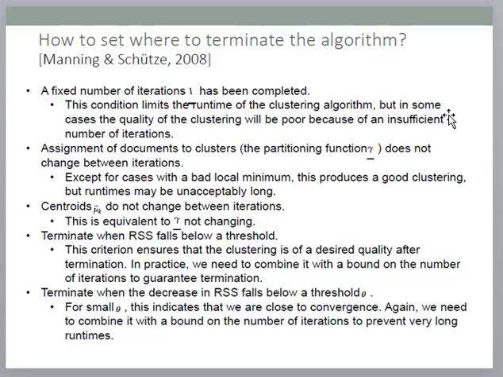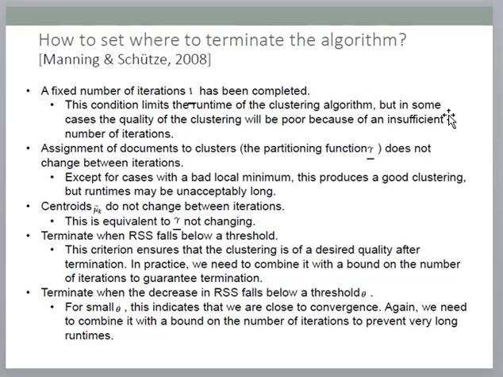Otherwise, at a maximum of the 100th iteration, our algorithm will terminate. So I will say that this is the most optimal terminating criteria, because there is a possibility that the RSS value will fall below a threshold, and in case it doesn't, we don't have to wait for a very long time, and we can stop our algorithm based on the outer loop.